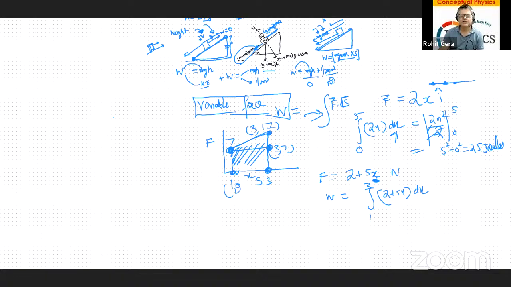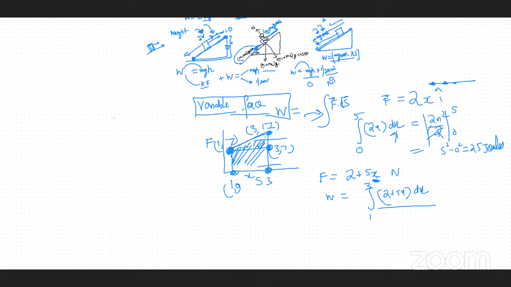If we know all of these, we can calculate the area under the curve using the concept of trapezium, or one triangle and one rectangle. It will fetch you the same result as this. जो इंटीग्रेशन से आंसर आएगा वो एरिया अंडर द कर्व से भी सेम ही आंसर आ जाएगा. फोर्स इज वेरिएबल, दैट इज द ओनली डिफरेंस.